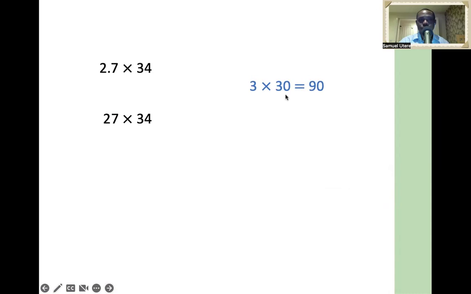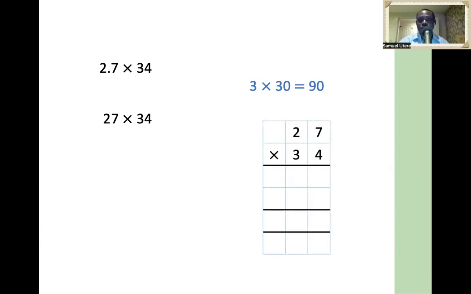Now, that becomes 27 times 34. So we can use this integer calculation to work out the answer to this decimal calculation. Now, I want you to do this quickly and then come up with an answer.